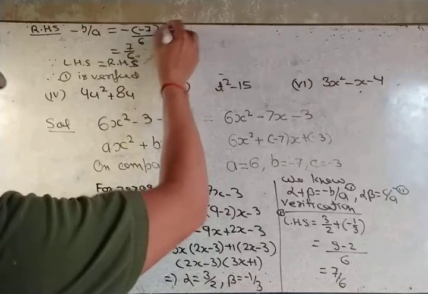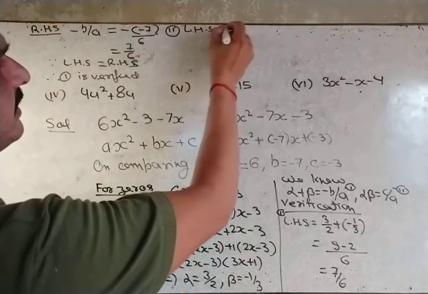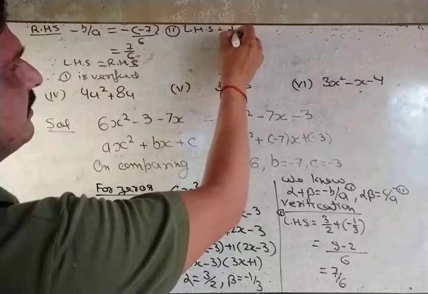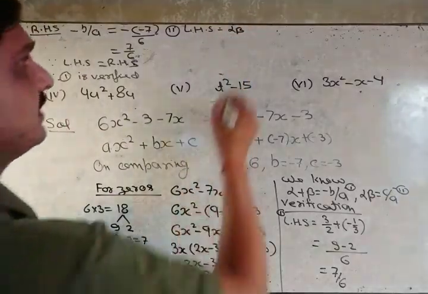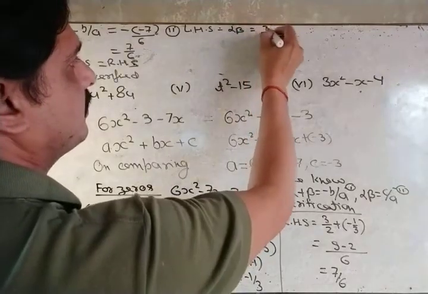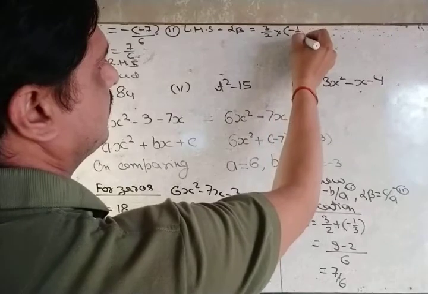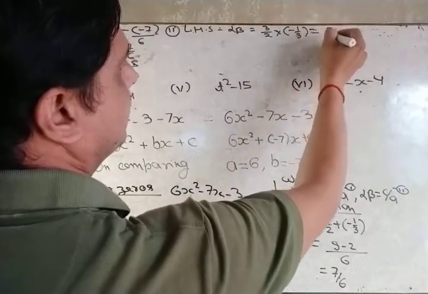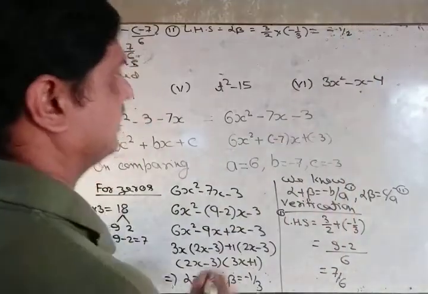We need to write the second. Then LHS: alpha into beta. Alpha is 3 by 2 and beta is minus 1 by 3. You will get minus half directly, minus half.